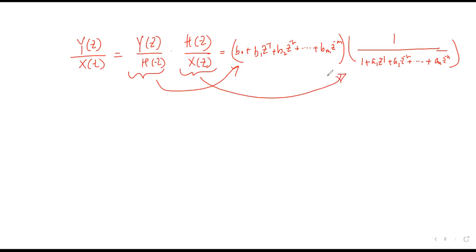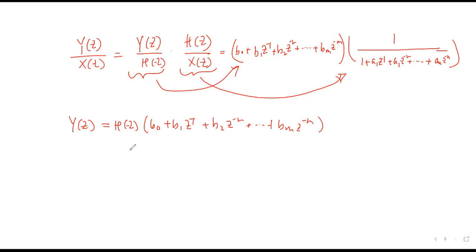Now we can just write the equation for Y: Y(z) equals H(z) into b0 plus b1 z inverse plus b2 z to the power minus 2, and goes on up to bm z to the power minus m.